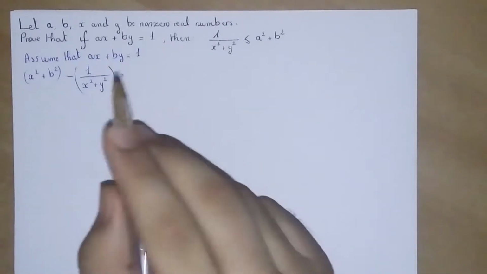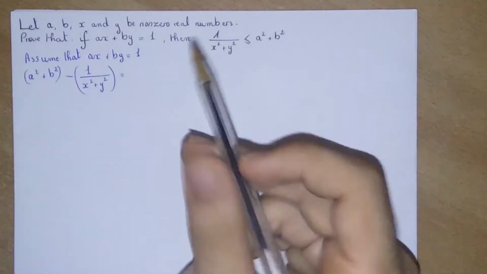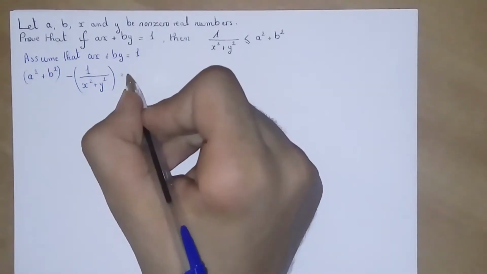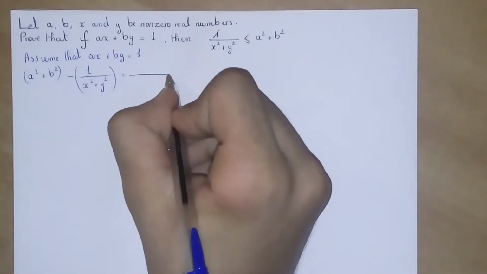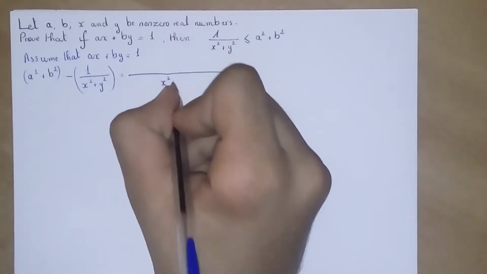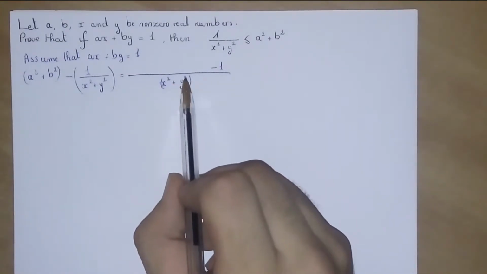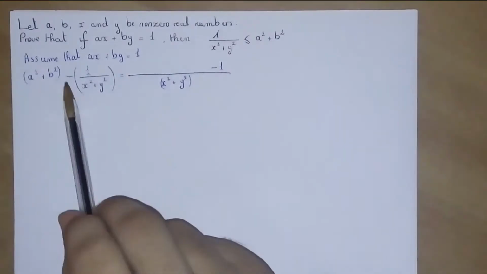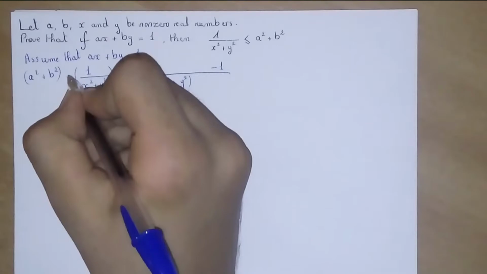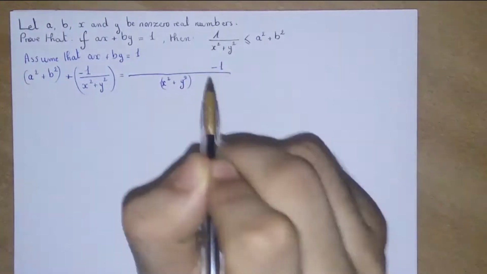The first step to do that is to make both numbers have a common denominator, which will be x squared plus y squared. So I'm going to put a fraction line with the denominator being x squared plus y squared. So when I make x squared plus y squared the common denominator, this minus 1, which I can think of as plus a minus 1 over here, can stay intact.